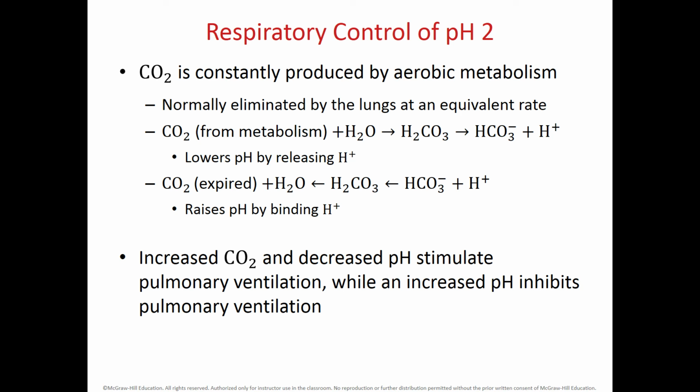This is because we are exhaling H2O. So, increased CO2 and decreased pH will stimulate pulmonary ventilation, while an increased pH inhibits pulmonary ventilation. So, whenever you have acidosis, you have increased CO2, you will hyperventilate. And when you have alkalosis, the opposite of acidosis, you will hypoventilate as a compensatory mechanism.